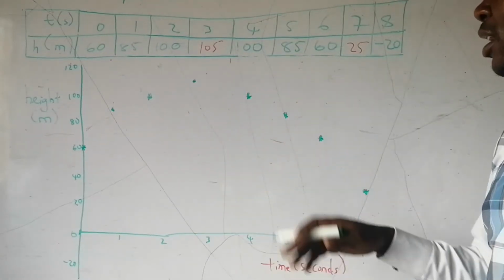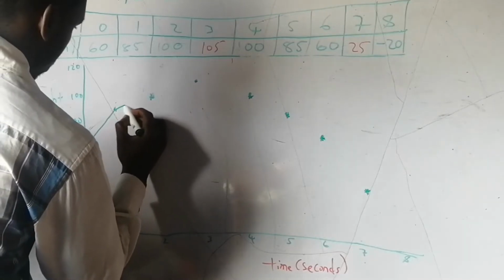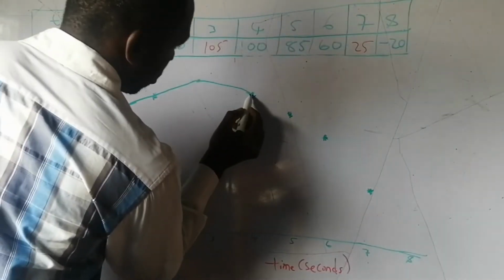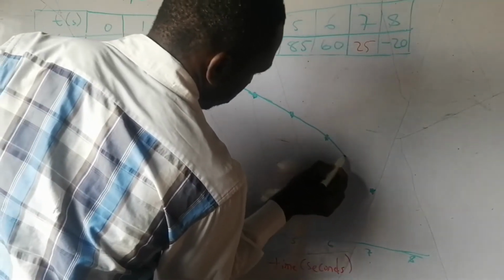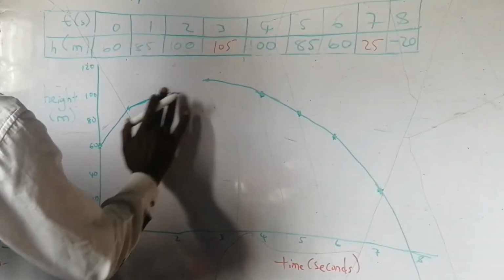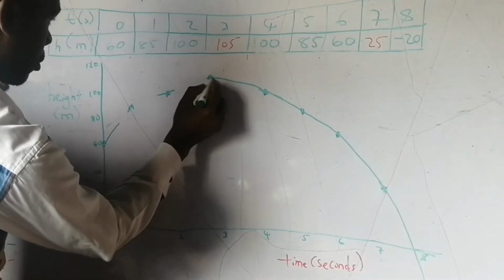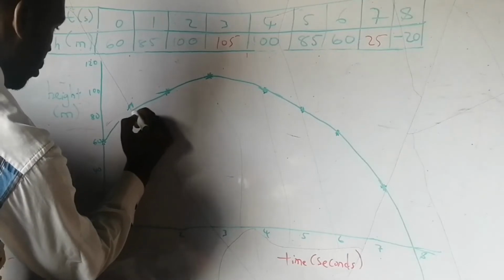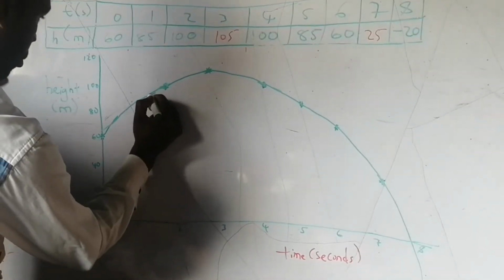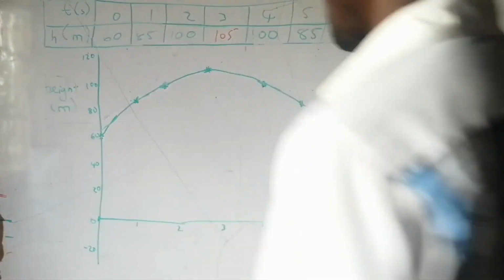So join these points using a smooth curve, something like this.